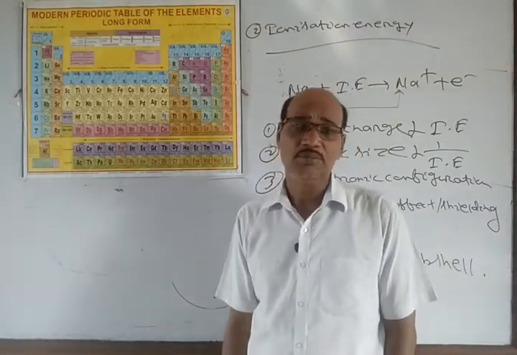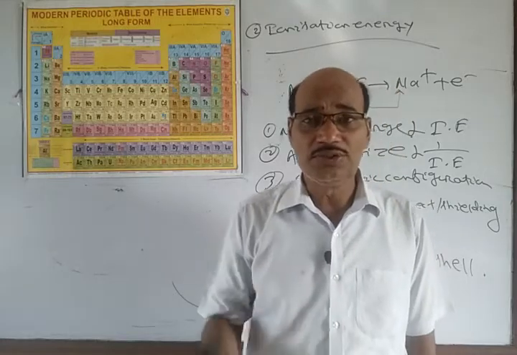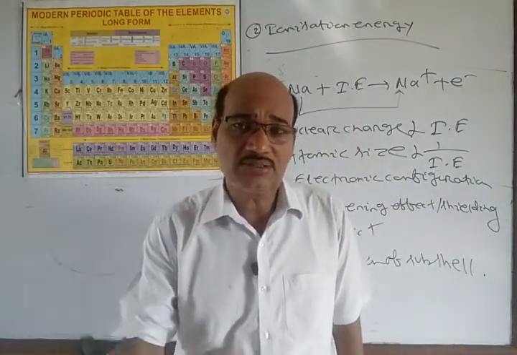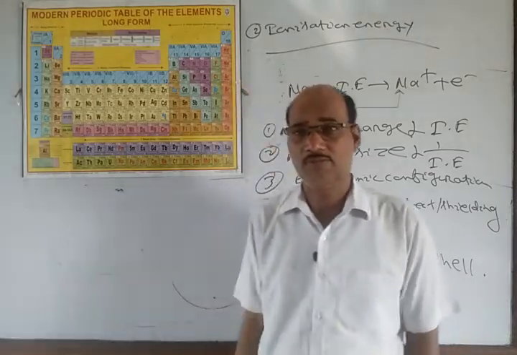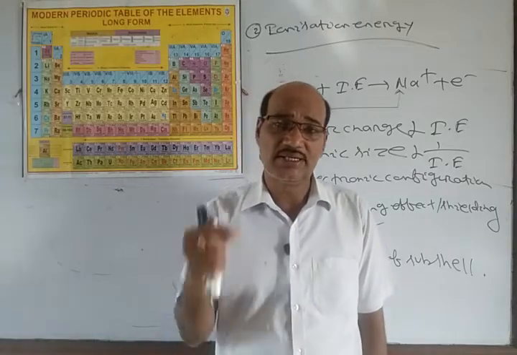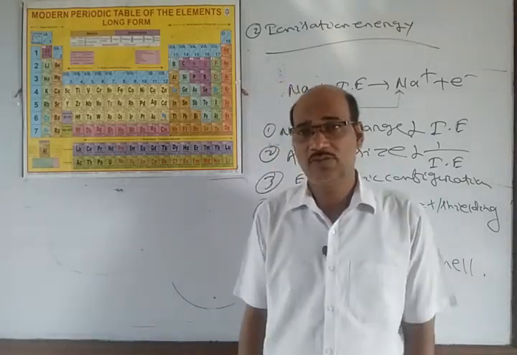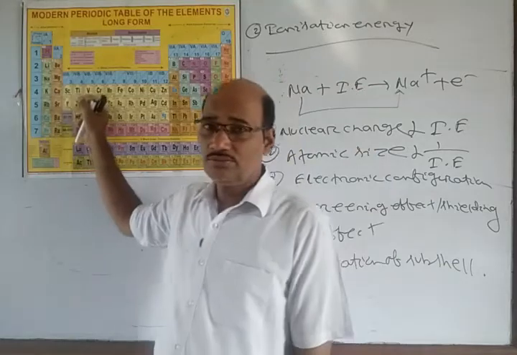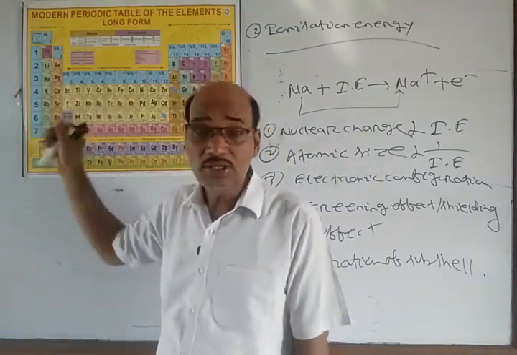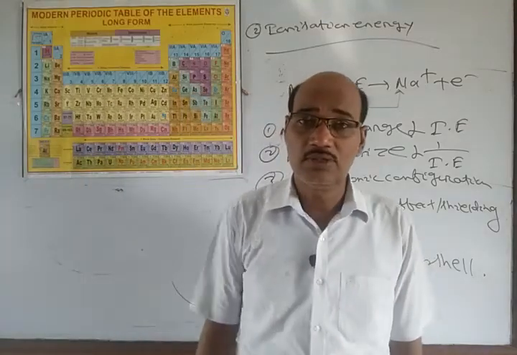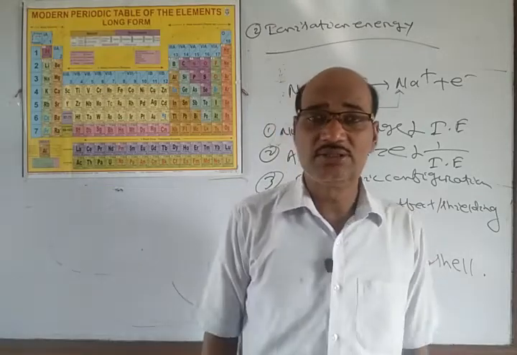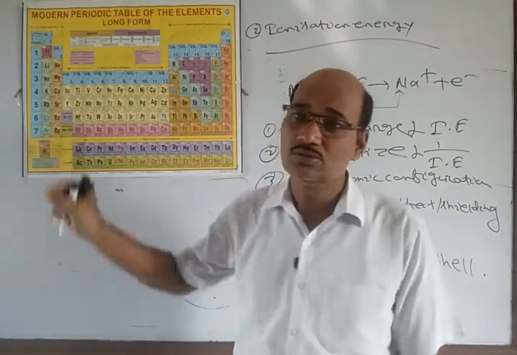We have seen with increasing nuclear charge, the ionization energy increases. With the increase of atomic size, the ionization energy decreases. So, in a period, on moving from left to right, due to the combined effect of increasing nuclear charge and decreasing atomic size, the ionization energy goes on increasing.